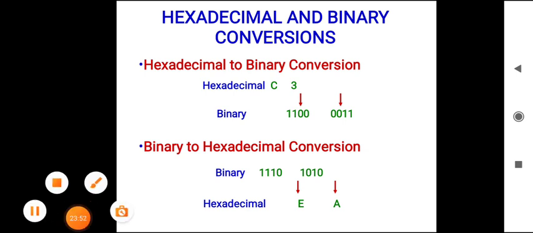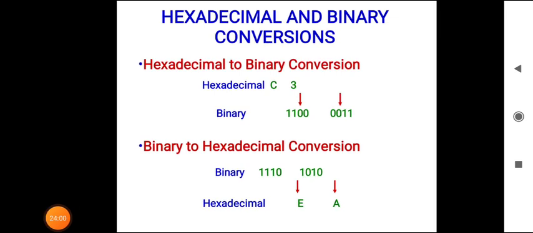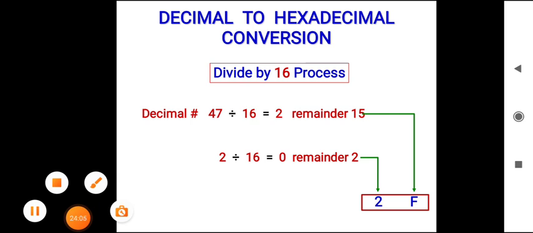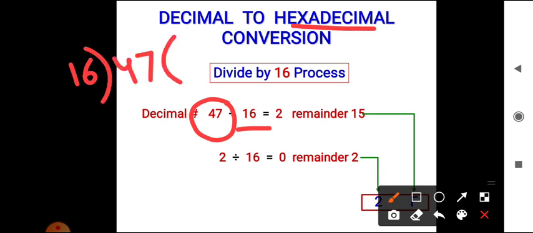Here we learned hexadecimal to binary and binary to hexadecimal. We also have to know decimal to hexadecimal and hexadecimal to decimal. How do we convert decimal to hexadecimal? 47 is the decimal number, and I have to convert this number into hexadecimal, so I have to divide by 16.